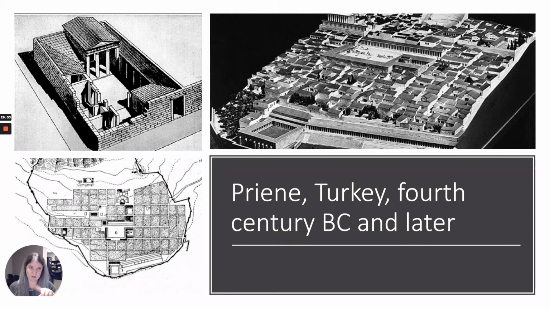The other thing you'll notice, if you look at the plan below and the three-dimensional rendering up above, is that the temple is up in the upper left, and the thing in the center of the city is not the temple, it's the marketplace. This is called the stoas, S-T-O-A-S. The individual stoa are the stalls where the butcher would have meat, the person who grows vegetables would have a stall, and the person who weaves cloth would have a stall. It's a market that has a big open square in the middle, and all these columns you see around here are the individual stalls where the people selling things would be.